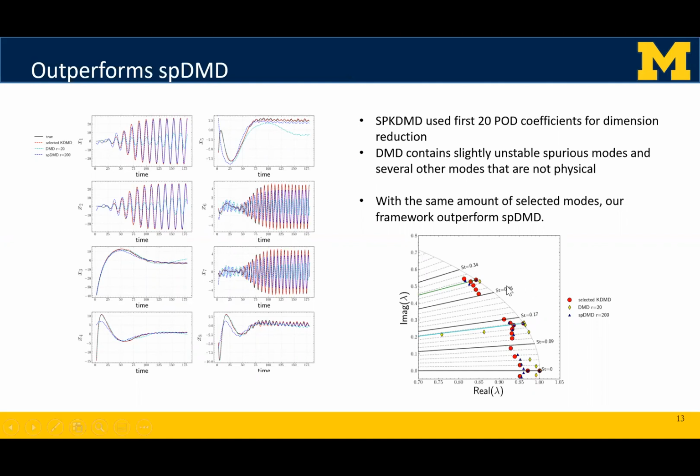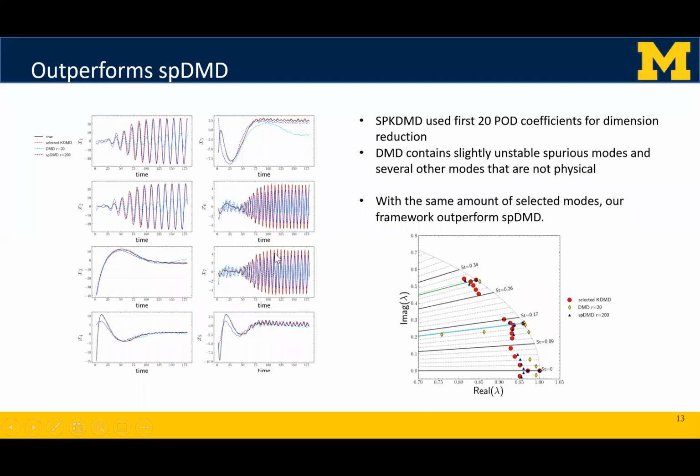Look at the eigenvalues. A simple DMD with 20 POD coefficients doesn't perform very well. Note that our algorithm is using the first 20 POD coefficients only because they capture more than 95% of the energy. And as we can see here, both sparsity-promoting DMD and our framework capture stable modes very well, but it doesn't capture the amplitude very well.